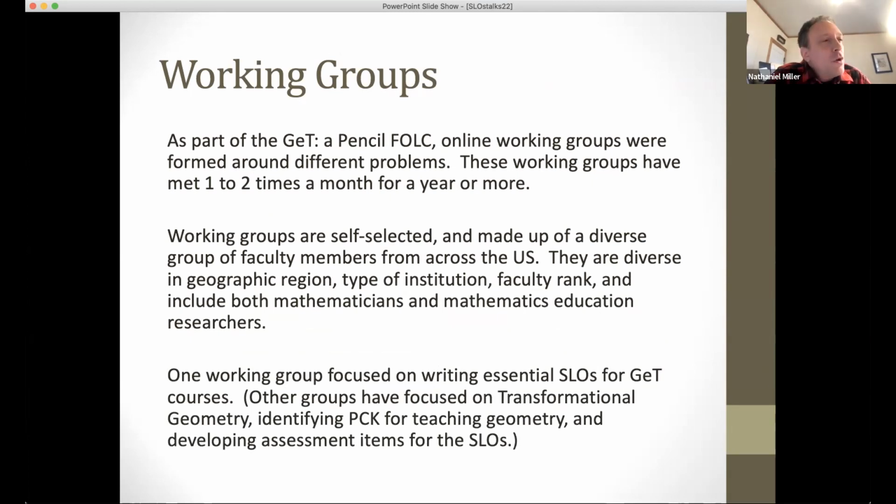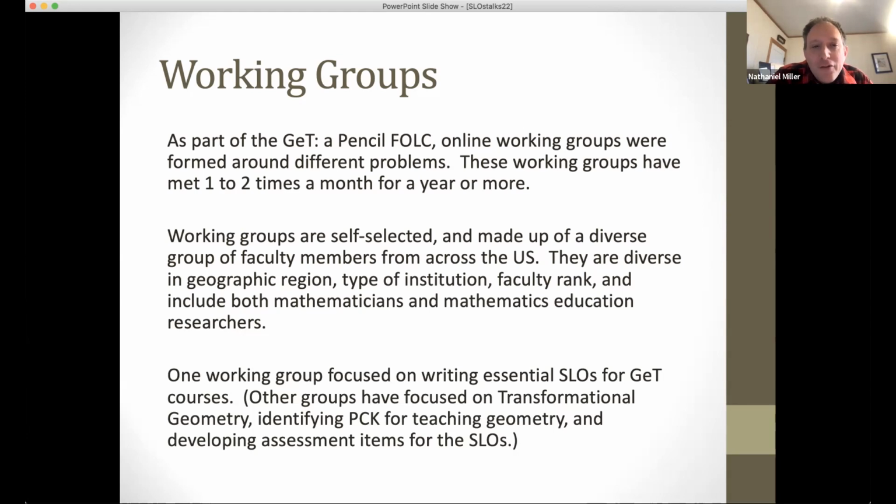One part of that is these working groups that formed around different problems. They've been led by members of the community who are trying to address different problems that they saw. These groups have been meeting one or two times a month for now several years, at least some of them. The working groups are self-selected. They're made up of people who want to be there, mostly who are teaching geometry courses.